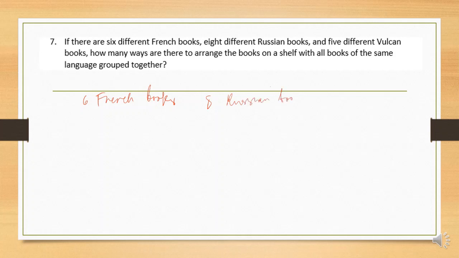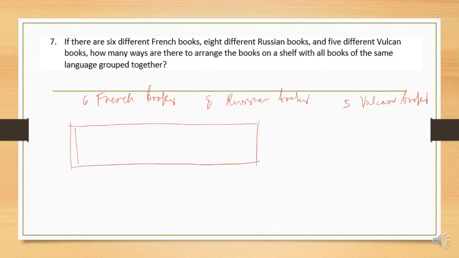So, ano to mga to, no, languages. And then, 5 Vulcan books in a stack or in a rack. Okay? How many ways are there to arrange the books on a shelf with all books of the same languages grouped together? Ibig sabihin, kung meron tayong shelf, no?